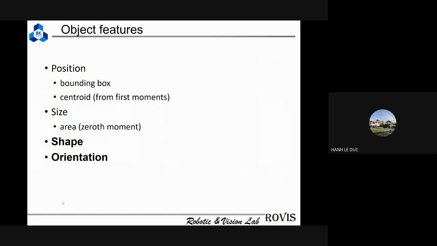Okay, so now in the image we already calculate how many blobs. Every blob inside here, for example this blob, will have features: where it is, meaning the position, the size of it, the shape of it, and the orientation of it.